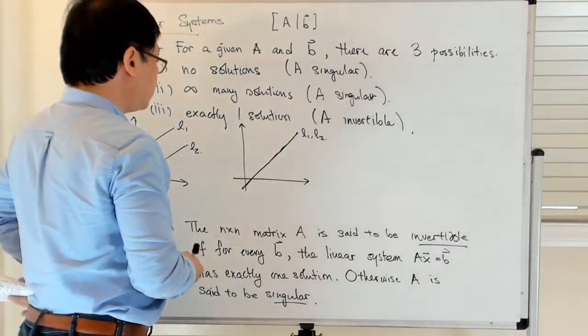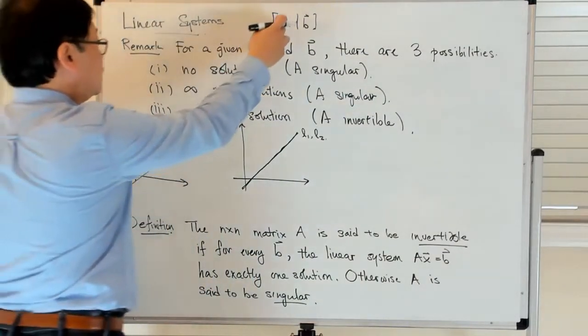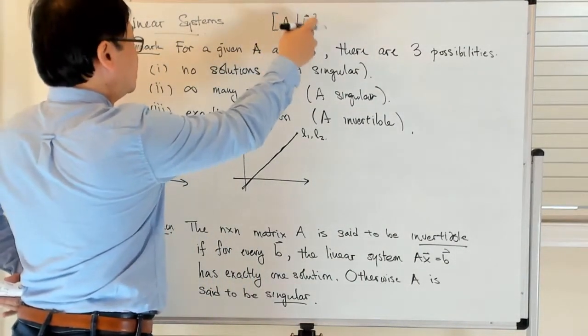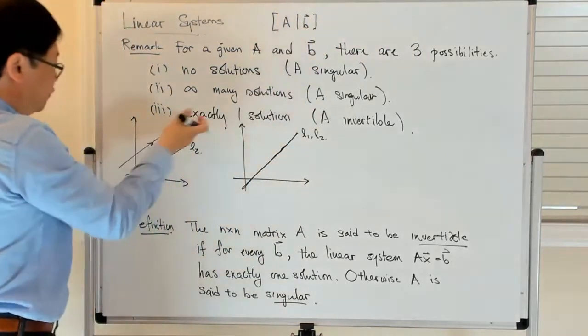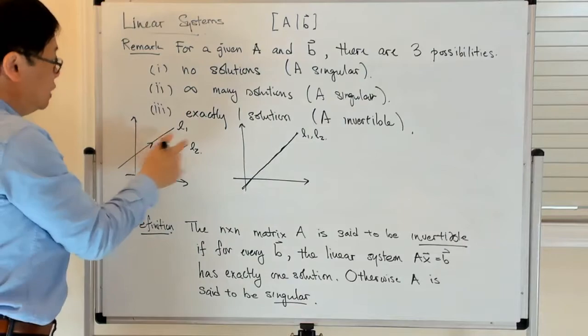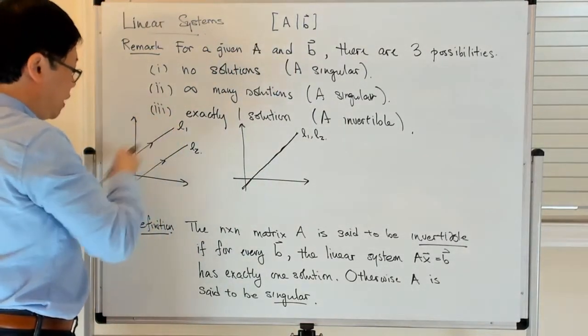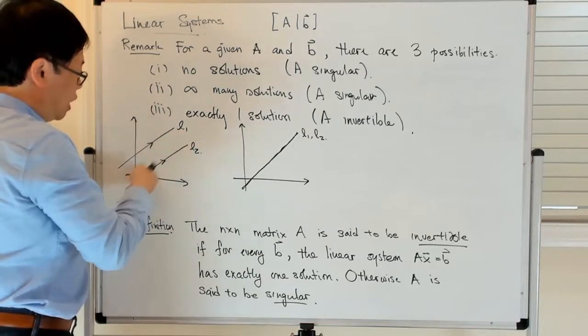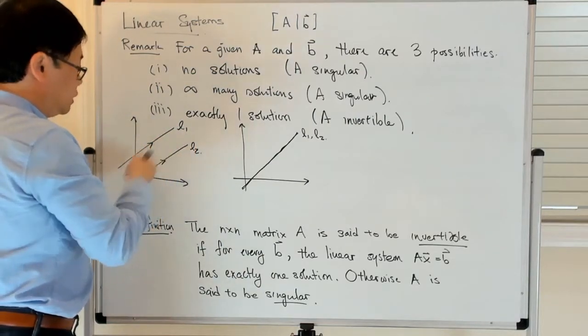Whereas in this case, the rows of A are multiples of each other, but the rows of A augmented with B are not multiples of each other. So that will end up in a situation where you have parallel lines, but they're not on top of each other.